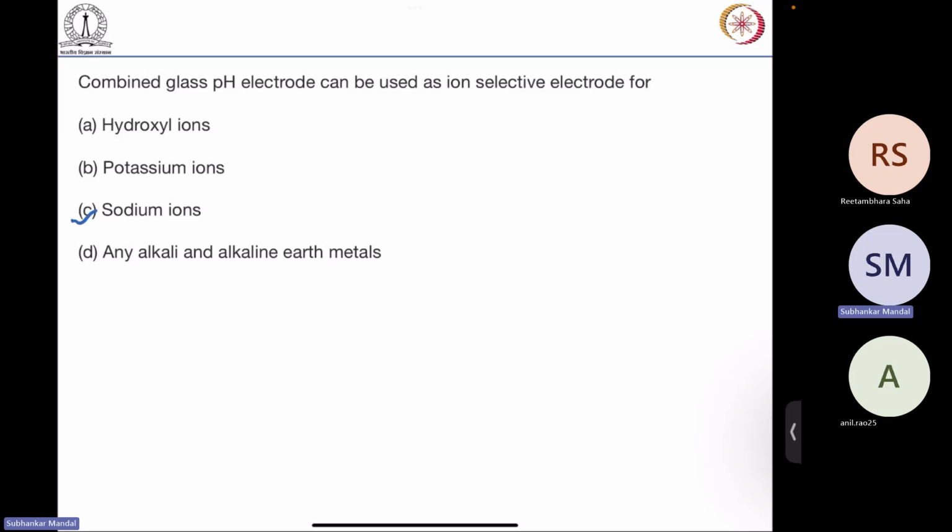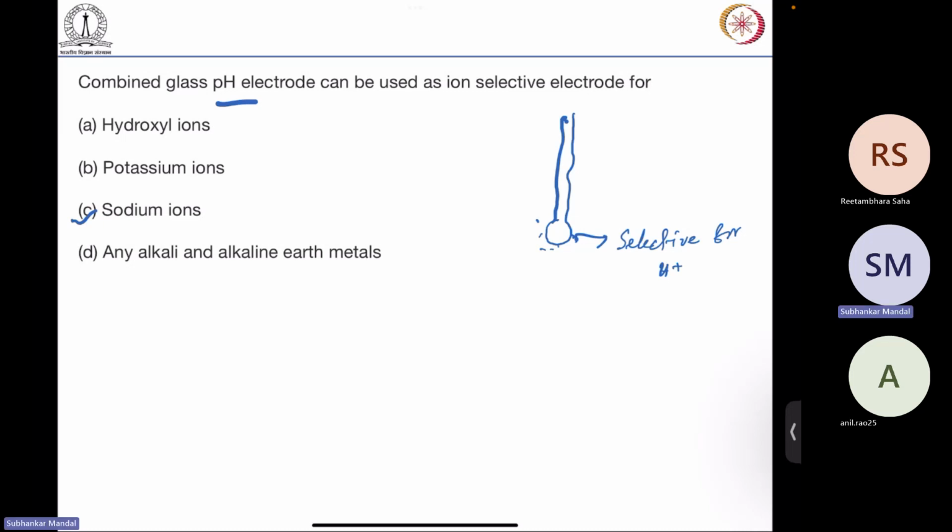There are other ions also. What is required to make an ion selective electrode? We have seen that the glass electrode can be used as a pH meter, where H plus ion is selectively passing. In a pH meter, this glass surface is selective for H plus.